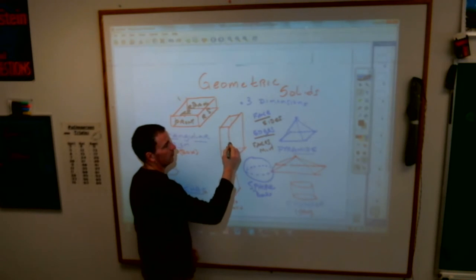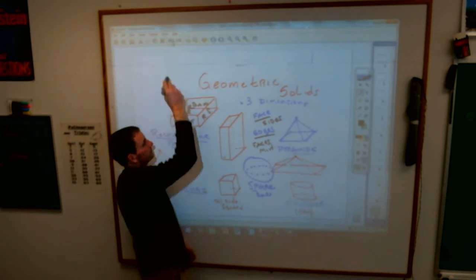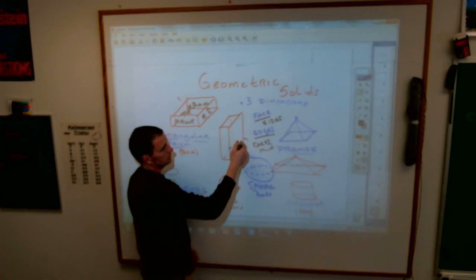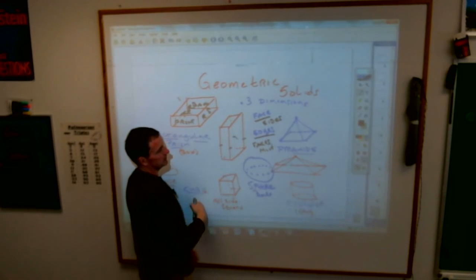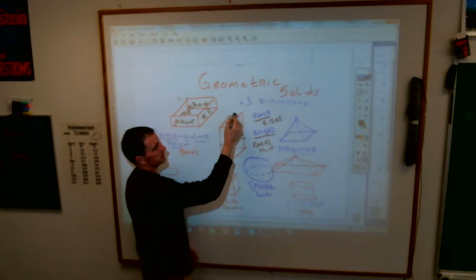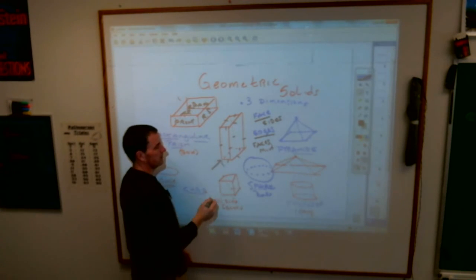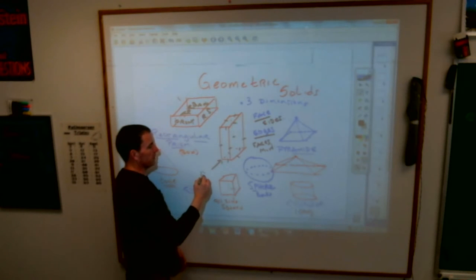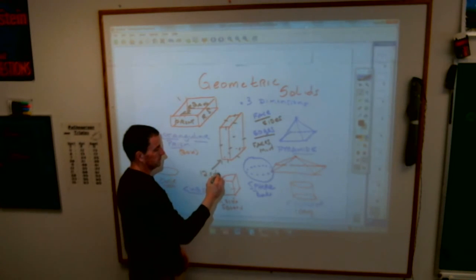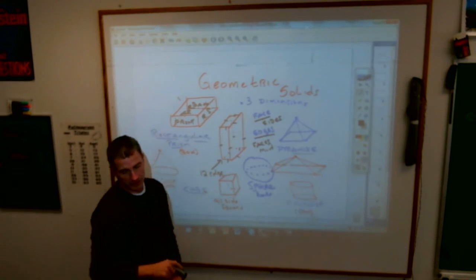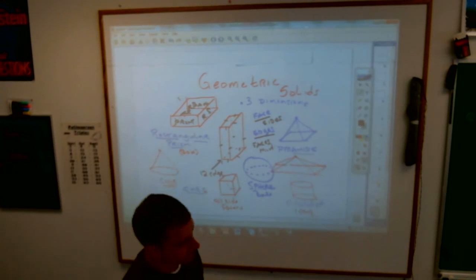You've got 1, 2, 3, 4 that you can't see there, 5, 6, 7, 8, 9, 10, 11, 12. Rectangular prisms have 12 edges. Just like if you counted the edges on your book, you could get 12 of them.